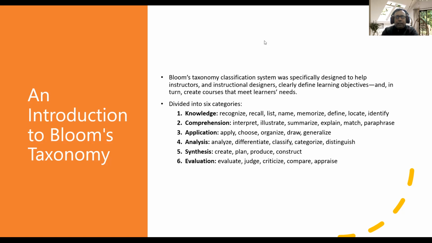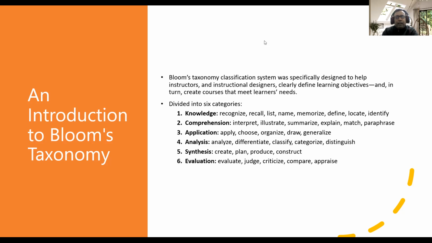So we know that they are divided into six categories. Let's take the example of the first one. This is something which I have used to describe what exactly you will go through in this course: you will gain clarity on what learning and development is and the different roles available. This is one of the learning objectives of this course.